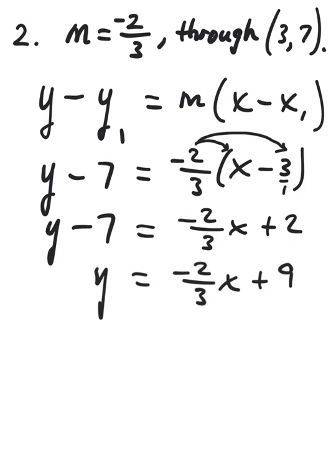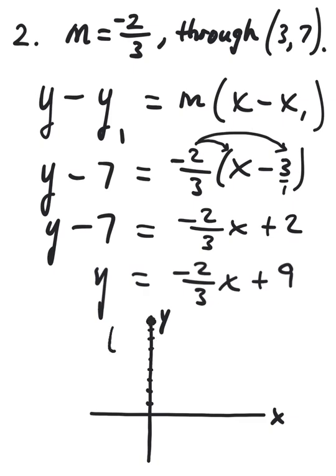If we were to graph, we would need to plot our 9 on the y-axis first. Let's do that. I'm going to zoom in a little bit. Alright, so I'm going to go ahead and call that 0, 9. The slope is negative 2/3.